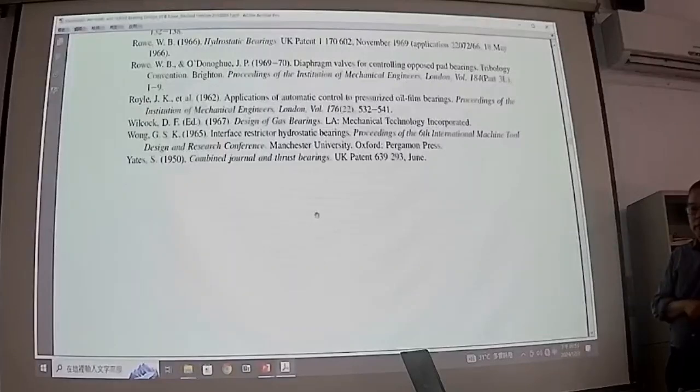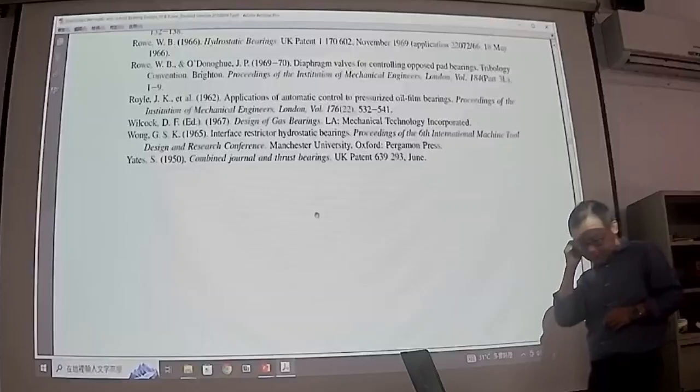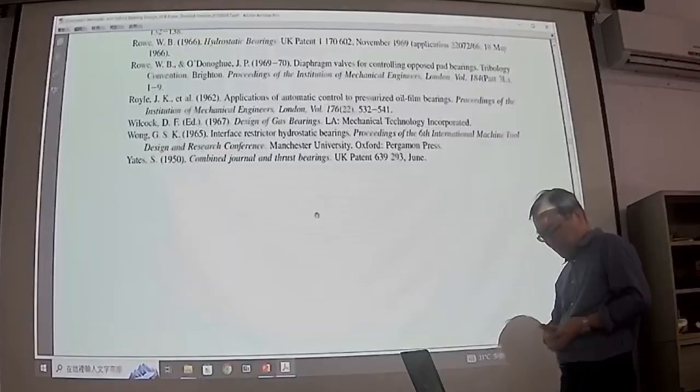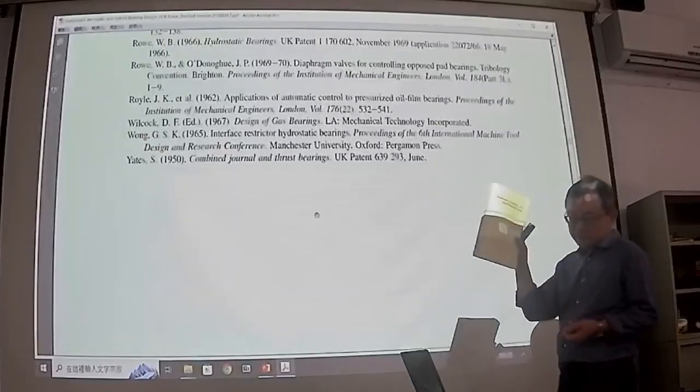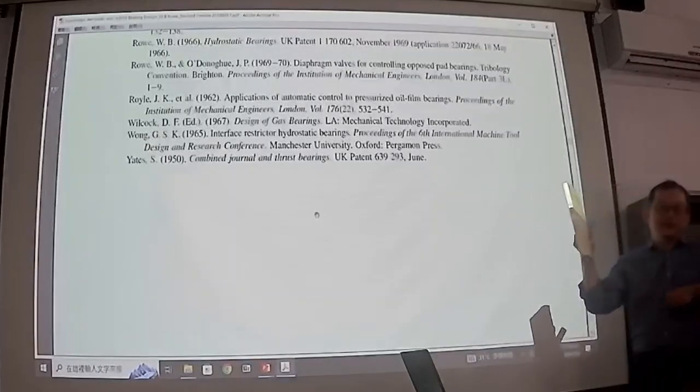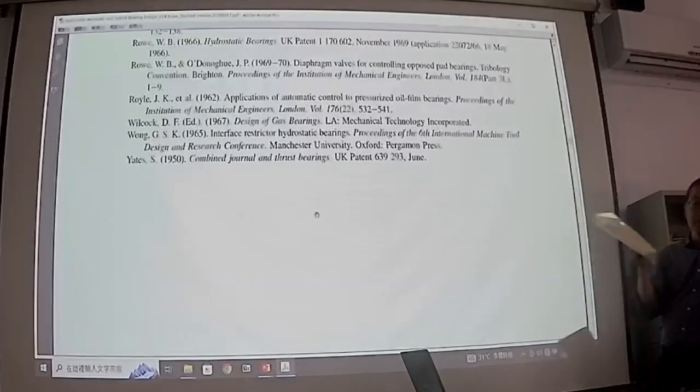So this is a very good design handbook for the air bearing. And for our textbook, originally, if you look at version 1, it's only for the hydrostatic bearing.